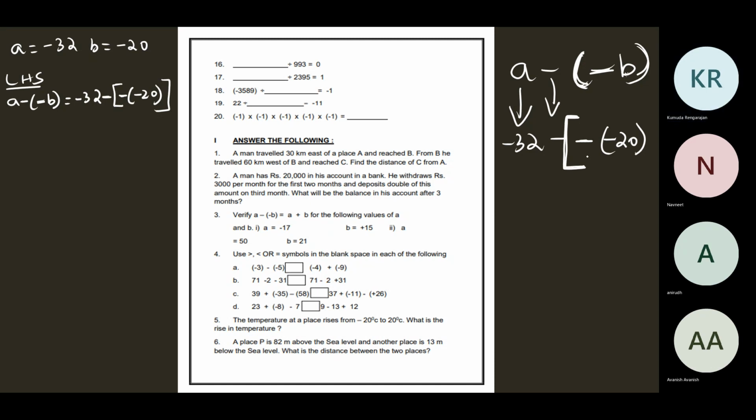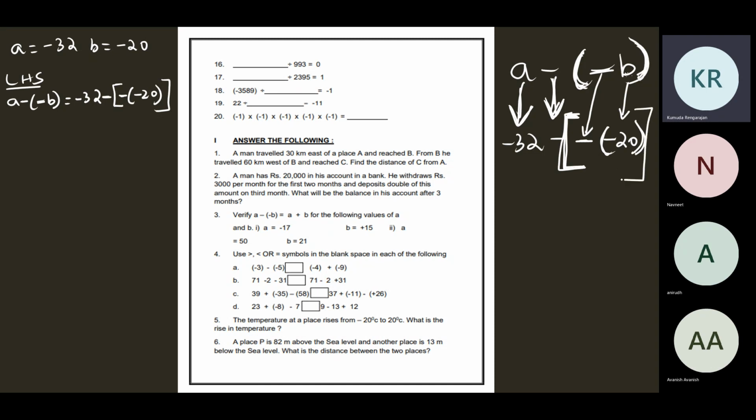That's not wrong. Then, in the simple bracket, put minus 20, and close the square bracket. Whenever you start a bracket, you must close it. You should open and close it. You cannot just open it and leave it. If you open, you should close it. Am I clear?